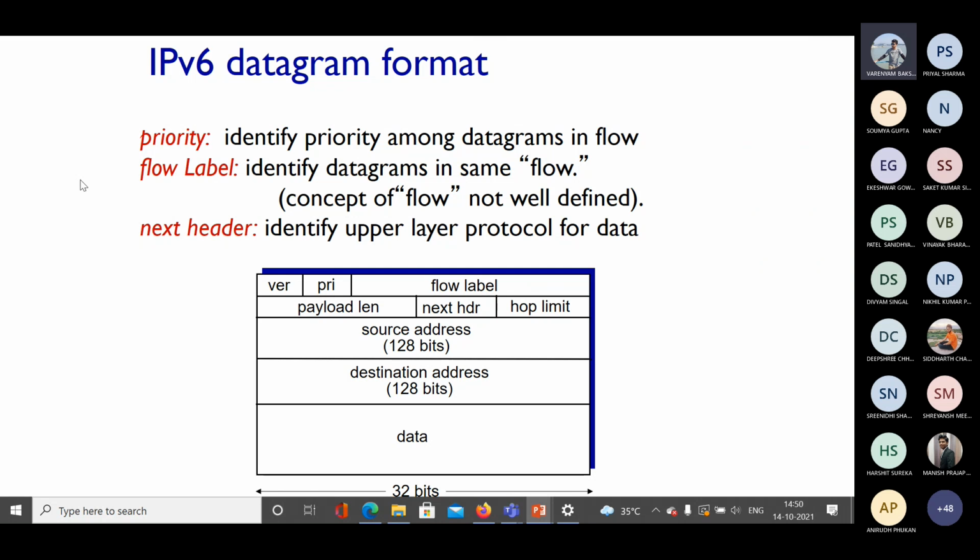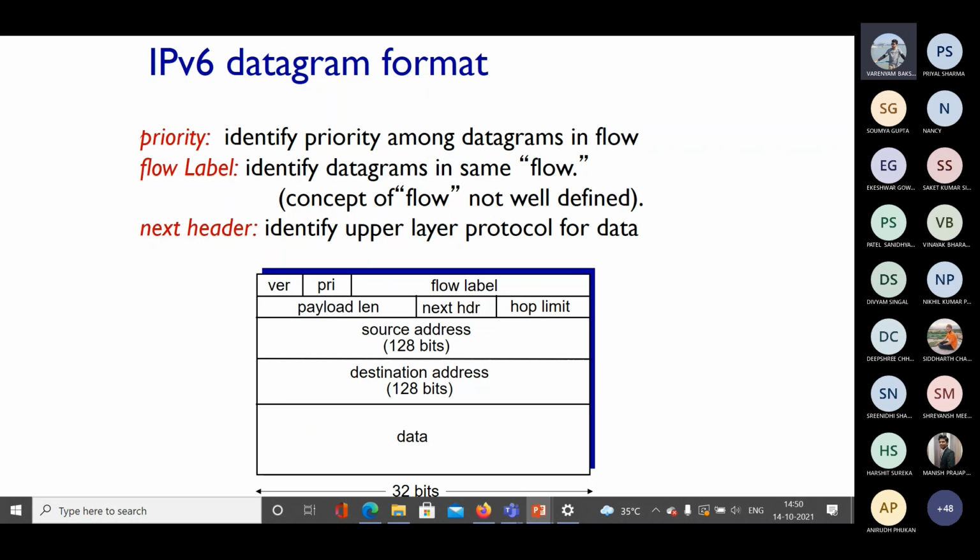Okay, so sorry. So first is the version, which of course defines IPv6. Next is the priority field, which defines the priority among the datagrams in the flow. There's another point, which is the flow label, which identifies the datagram in the same flow.